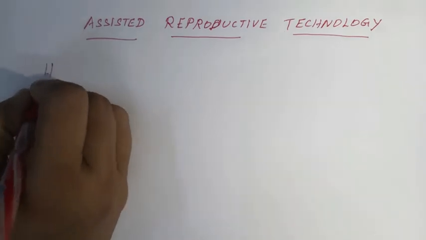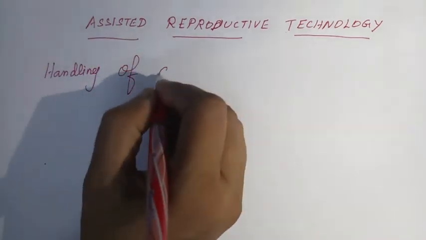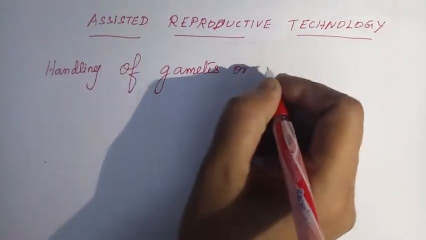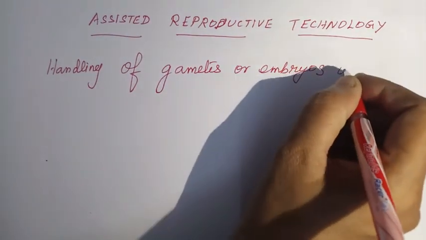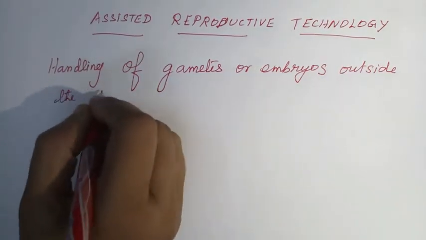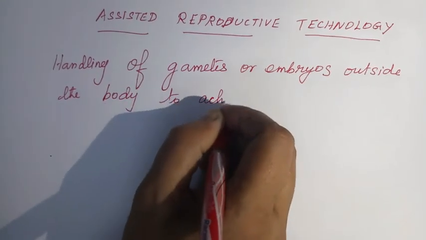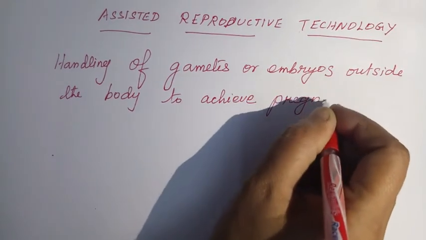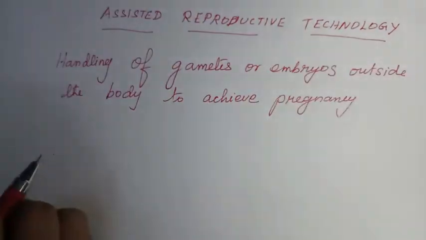Handling of gametes or embryos outside the body to achieve pregnancy is known as assisted reproductive technology.